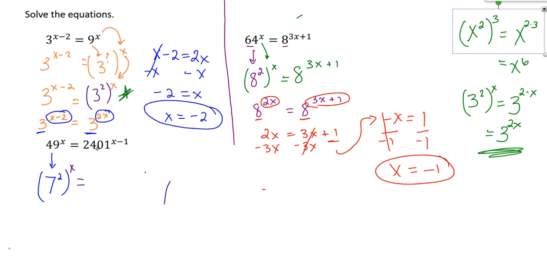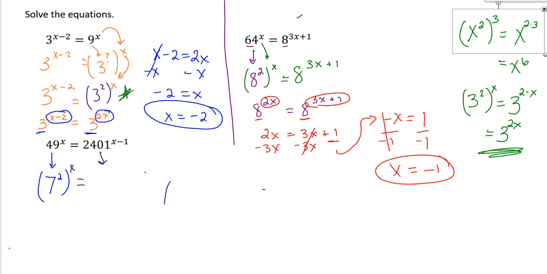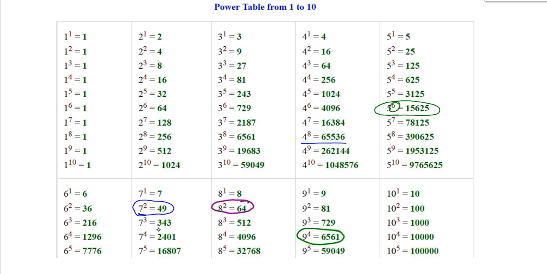Well, if that equals this guy, can I write 2,401 as 7 to a power? Let's look at our little handy-dandy table here. Looks like 7 to the 4th is 2,401. Right?